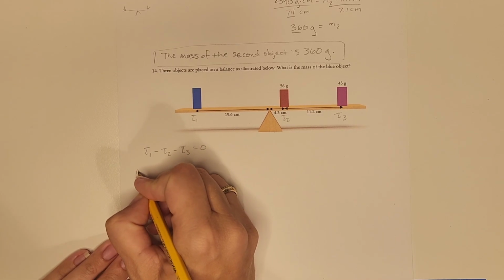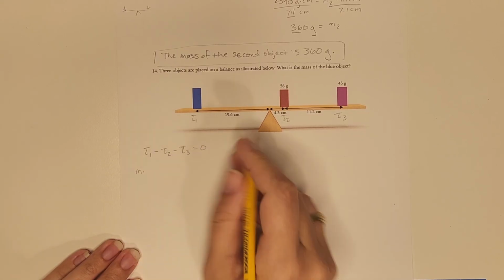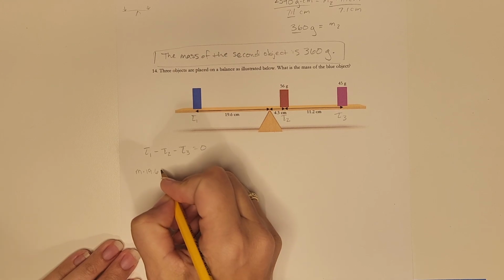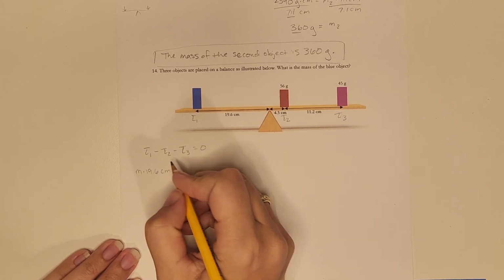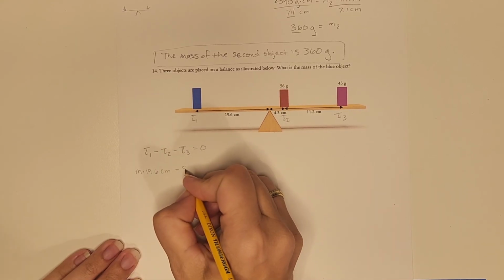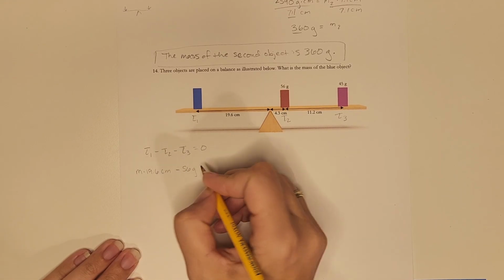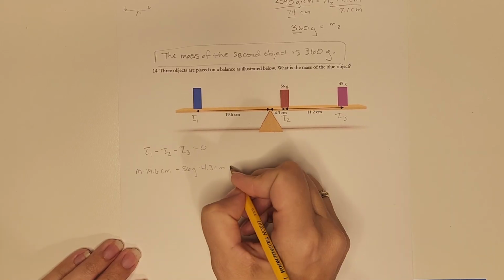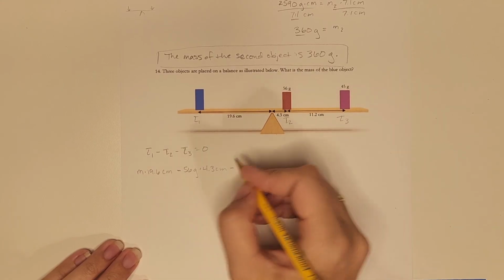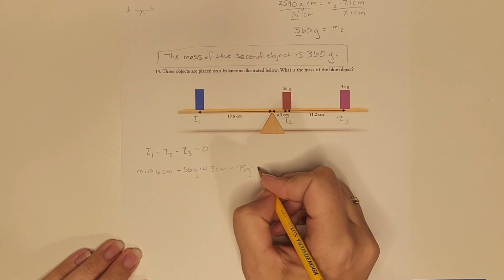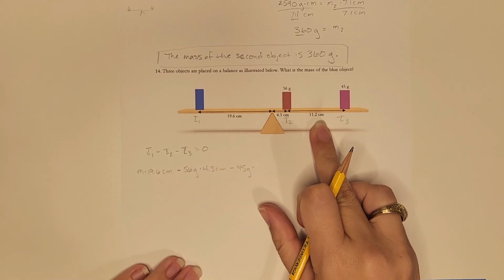So T1, we have mass times our radius, 19.6 centimeters, okay, minus T2, our mass is 56 grams, times 4.3 centimeters, minus T3, our mass is 45 grams, times, this is not 11.2 centimeters.